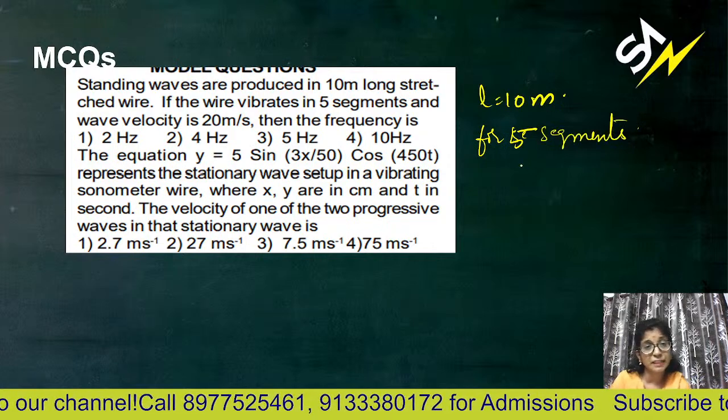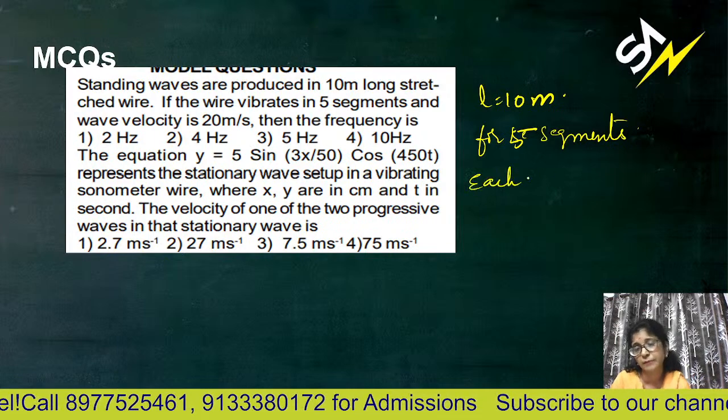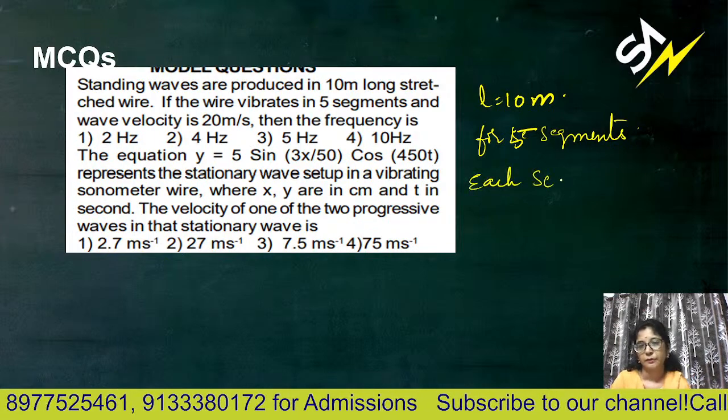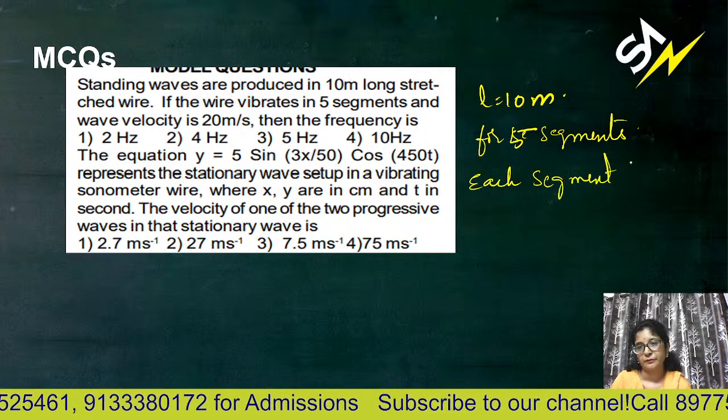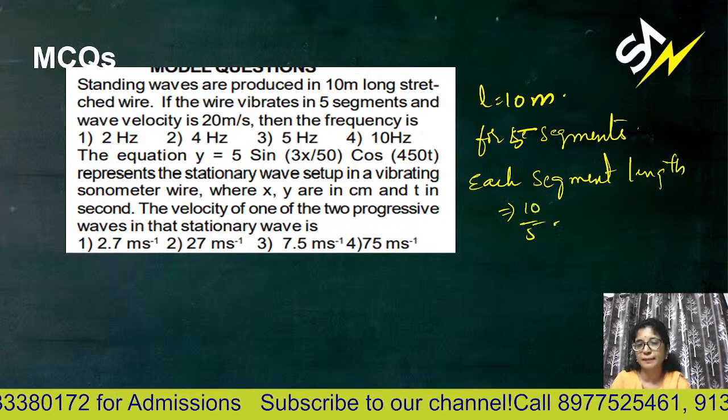Means each segment how much? 10 by 5, that is 2 meters. Each segment length will be 10 by 5, that is 2 meters.